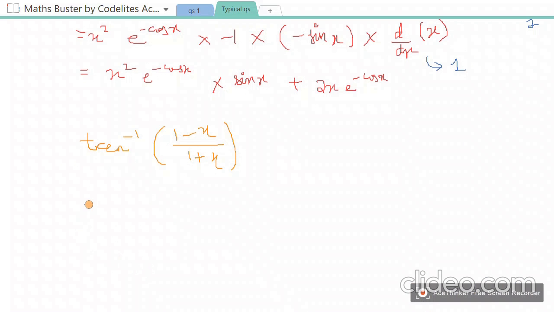So now we will differentiate tan inverse. Here, what functions do we have? First of all, tan inverse is an inverse trigonometric function, and this is your rational function.